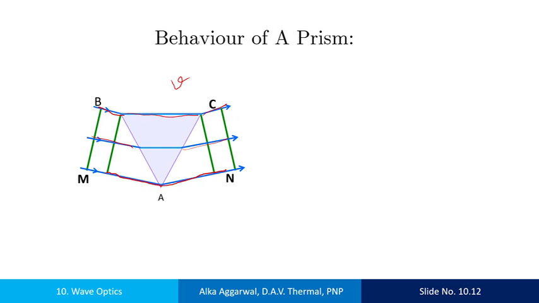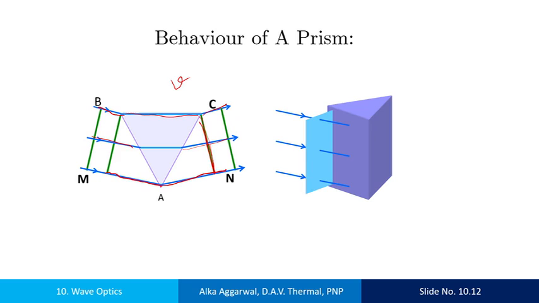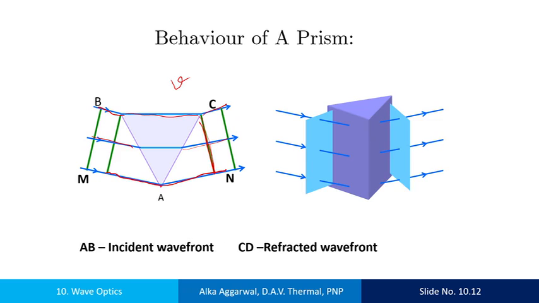As you know, the wavefront is always perpendicular to the ray of light, so the shape of the emergent wavefront is this one, and we can say the rays bend towards the base of the prism. So the plane wavefront will be like this.